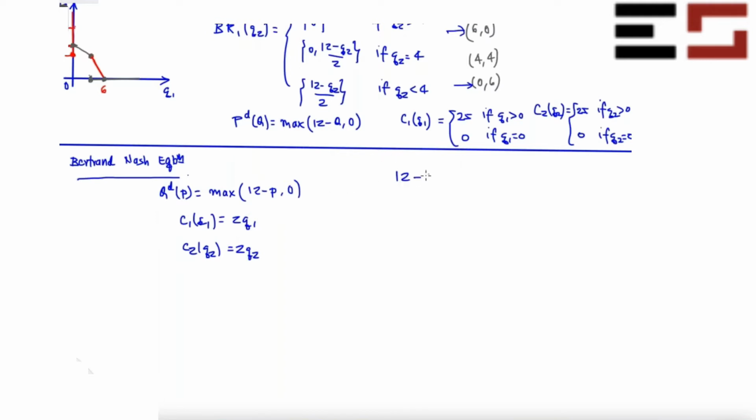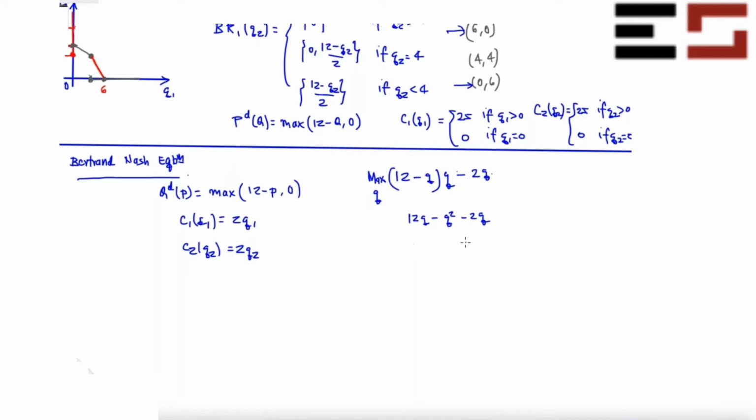If we solve for the monopoly quantity and price, we just want to maximize revenue with respect to Q minus the cost. If you do this, what do you get? 12Q minus Q square minus 2Q, so you get 10Q minus Q square.